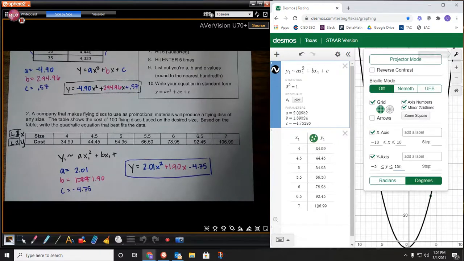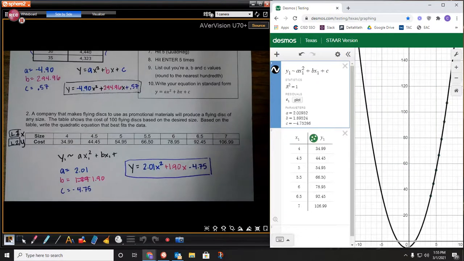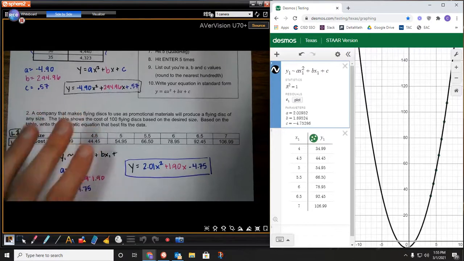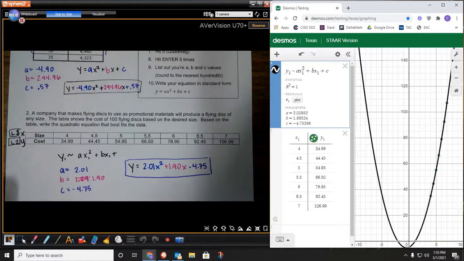So if I click this little settings and change my range, guys, look at that. You can see all these points that we plotted are on this graph right here. So these are two different ways that you can do quadratic regression. You can use your calculator or you can use Desmos.com.